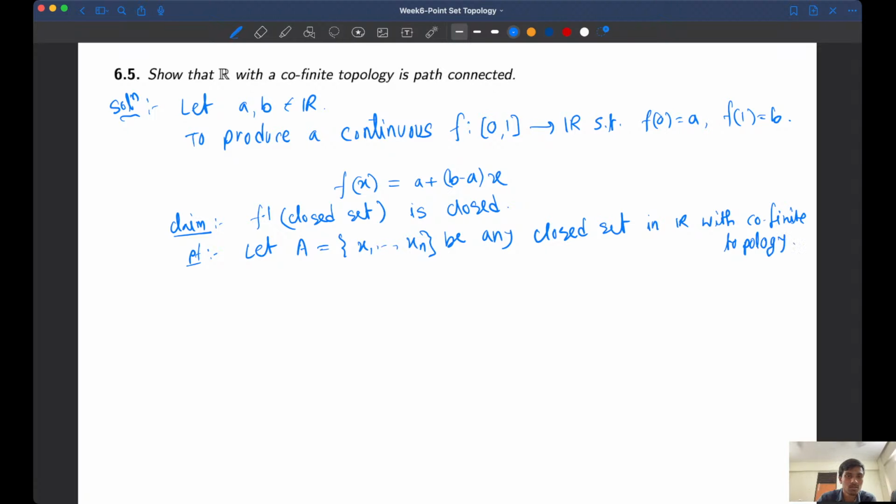And then what is F inverse A? So when you are defining this f(x) in this form, then clearly this is an injective map, right?